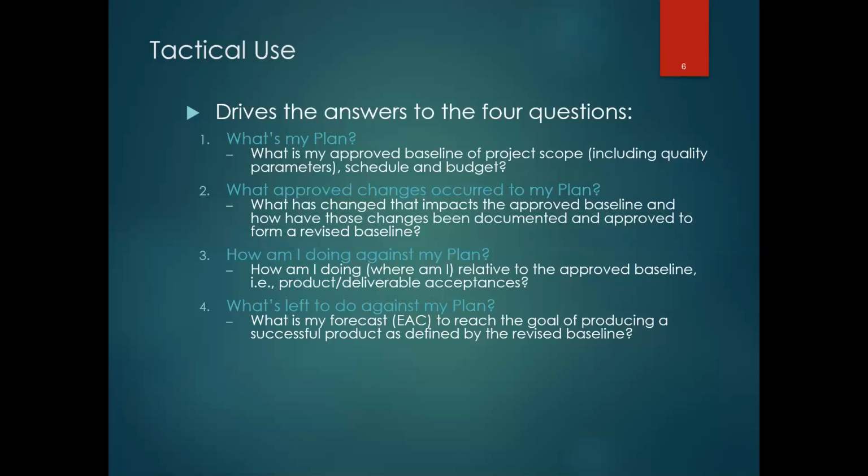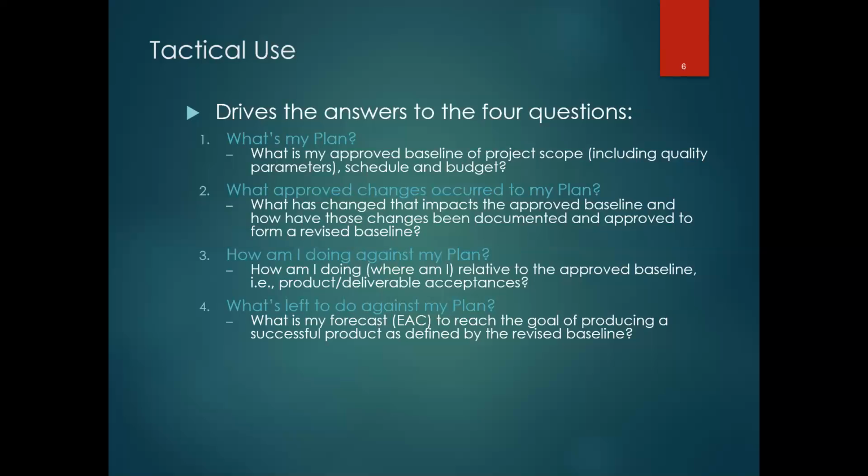And these four questions emanated from a frustrated project auditor who basically said, these are the four questions I want answers to. And by the way, that project manager could not answer them in a metric-based format. It was all what they felt.